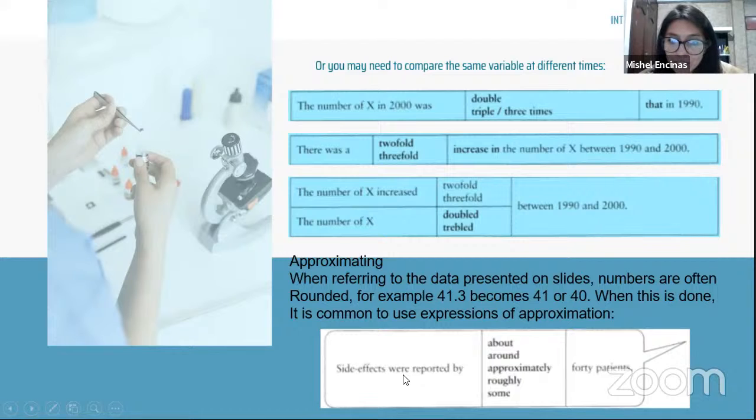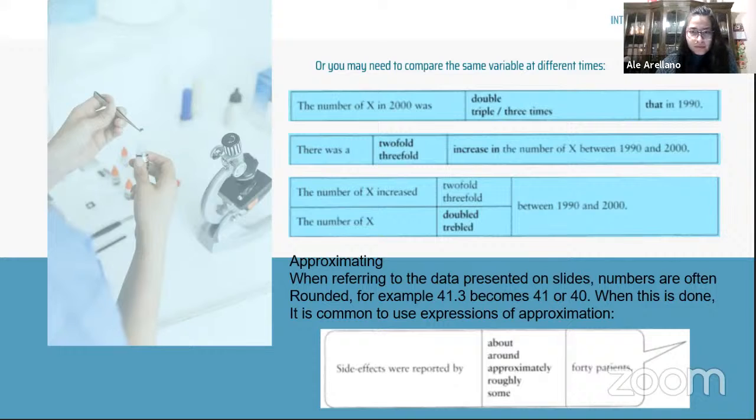Here, side effects were reported by about, around, approximately, roughly, some 40 patients, okay? Just when you use this kind of situation, numbers are often rounded, okay? Remember that. Do you have any questions? No, Miss, thank you. Perfect.